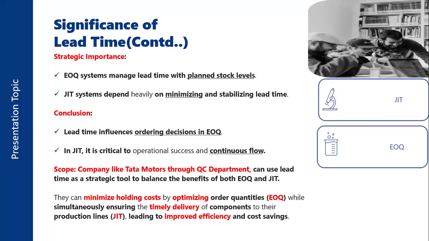Minimizing holding cost and optimizing ordering quantity, that is EOQ basically, and simultaneously ensuring timely delivery of materials to the production line in JIT, leading to improved efficiency of production. And definitely the ultimate objective is reduction of the total cost of production. This can be done to improve efficiencies through the Six Sigma process and the quality control department in a company like Tata Motors.